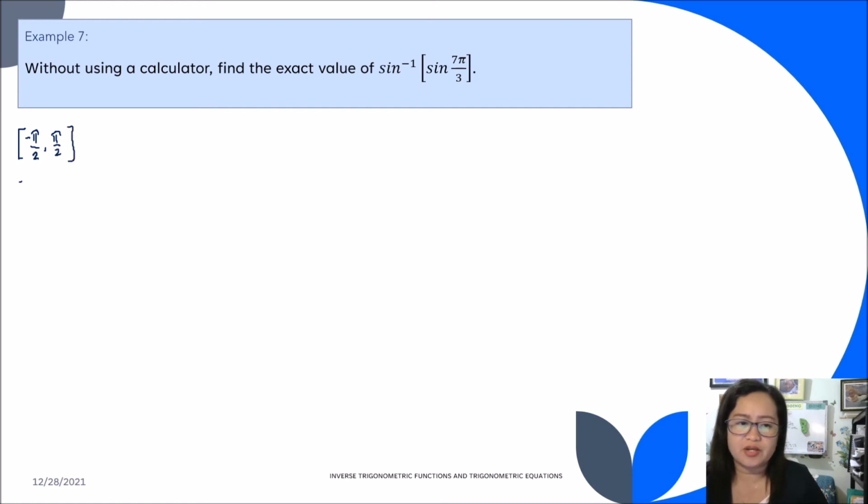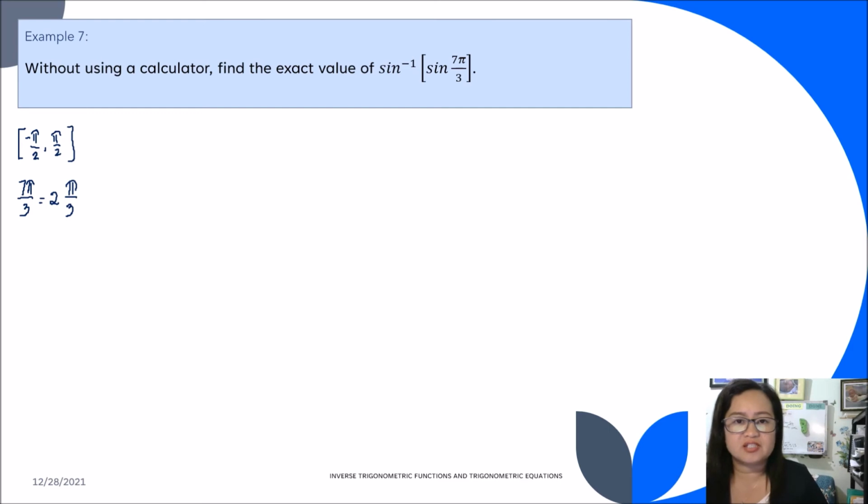Now 7 pi over 3 in mixed number form is equal to 2 and pi over 3. Now 2 and pi over 3 is beyond the interval -pi over 2 to pi over 2. Therefore, we cannot directly apply the inverse property.